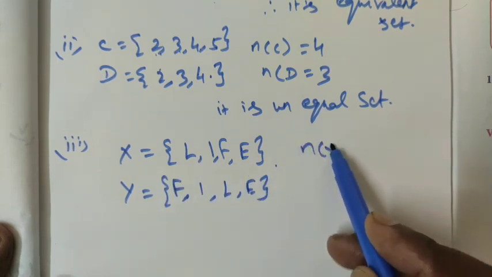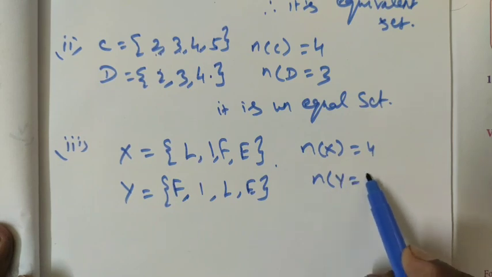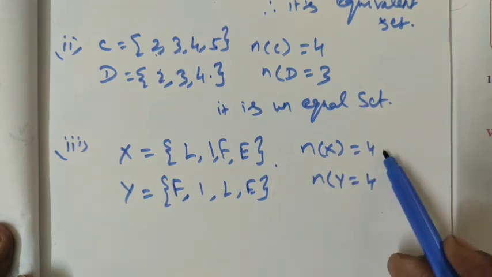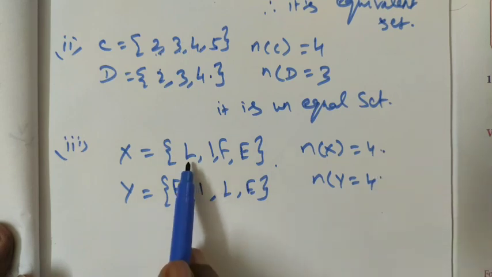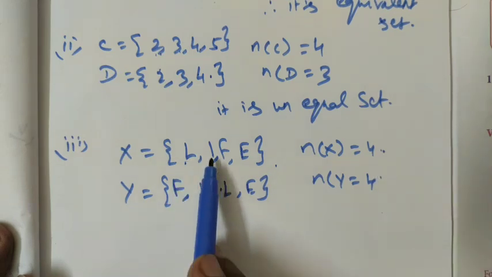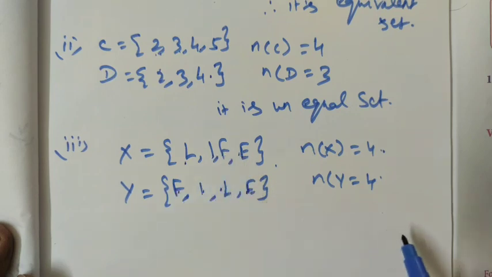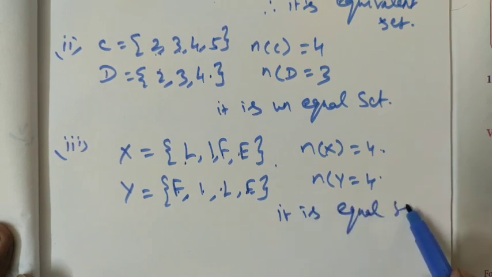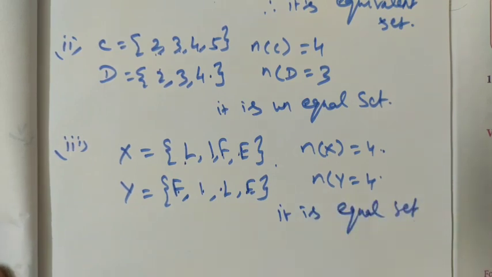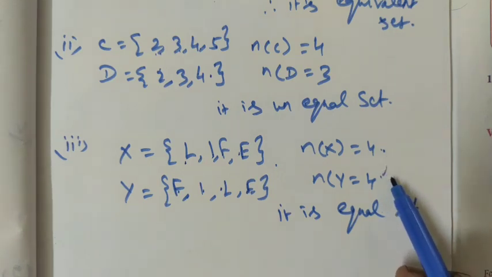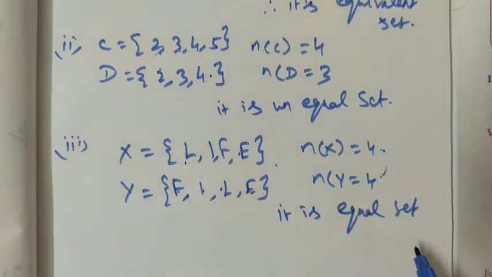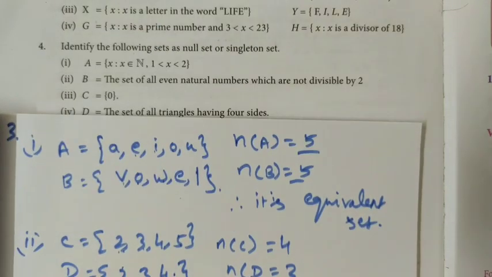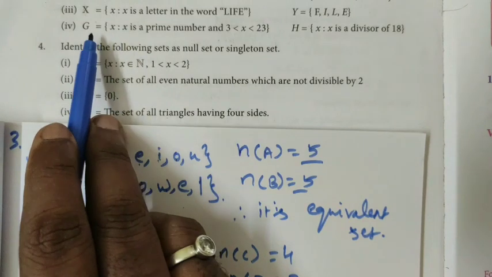See, n(X) is equal to 4, n(Y) is equal to 4, right? The first condition, the number of elements is the same, so it is an equivalent set. And then see that the elements are also the same, L-I-F-E. So here it is an equal set, not merely an equivalent set. Not only is the number of elements the same, but the elements are also the same, so we can say it is an equal set.